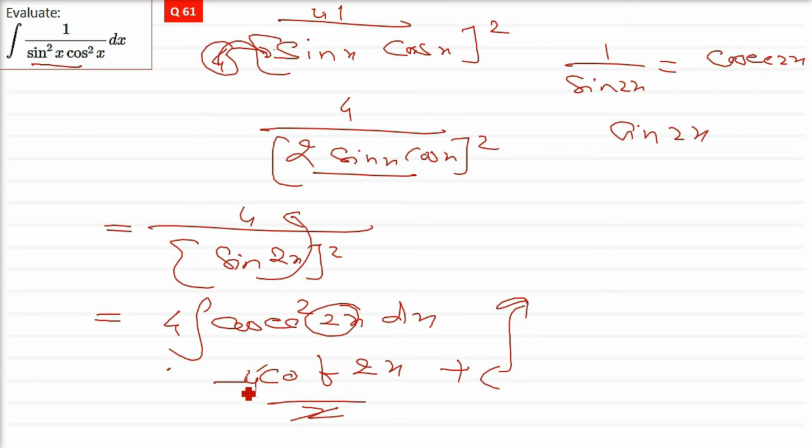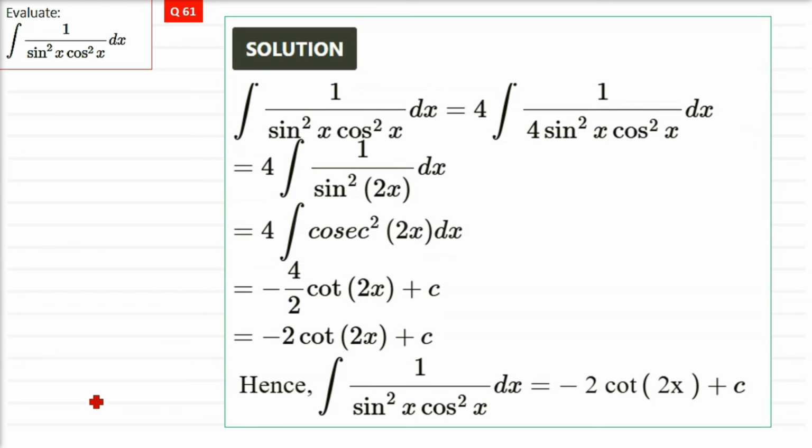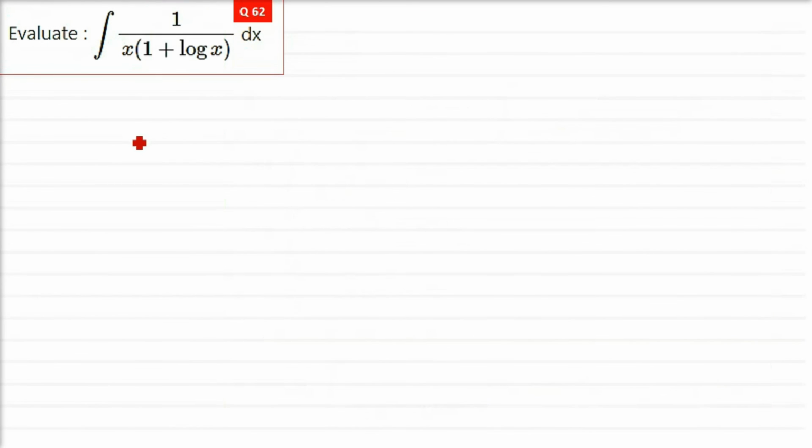Let me write the final answer here. Minus cot 2x and then a 2 in front. So minus 2 cot 2x plus constant of integration is your final result, which gives you I. Okay. Now this sin cos just has to be changed into sin 2x, and then the rest will be easier. So this is how you're going to write it with all the formulas, etc.